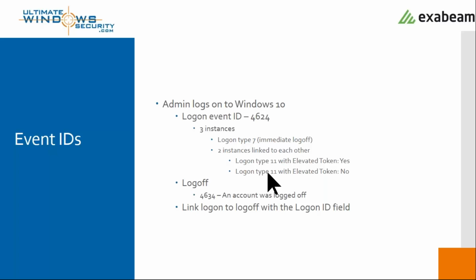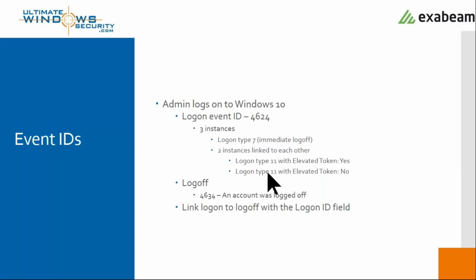But remember I said, for our purposes, we can pretty much ignore those. But this is what you'll see in the log. So 4624, Randy Smith, logon type 7, and then immediately a 4634 for that same logon ID. So that is just where Windows in the GUI accepted your credentials and verified that they were correct.